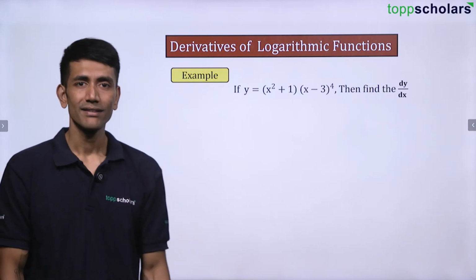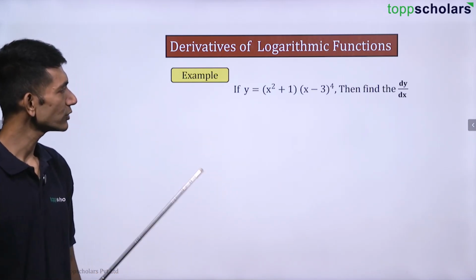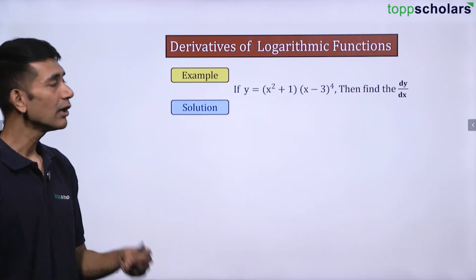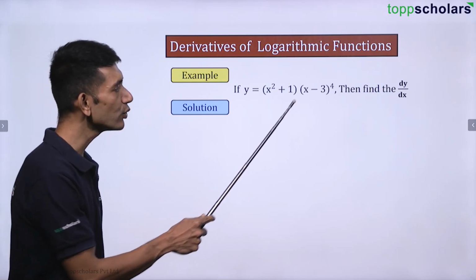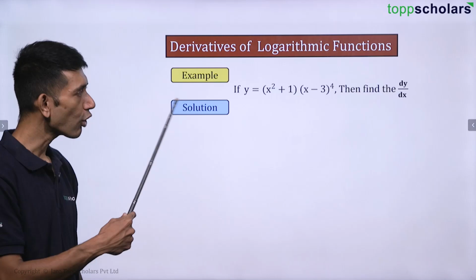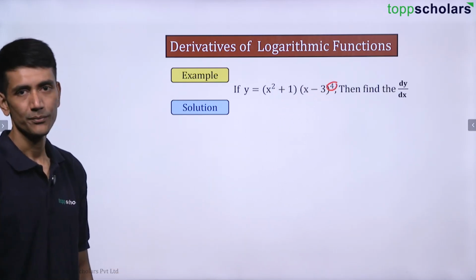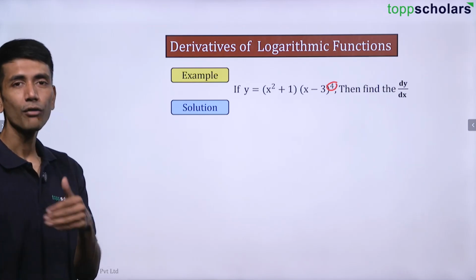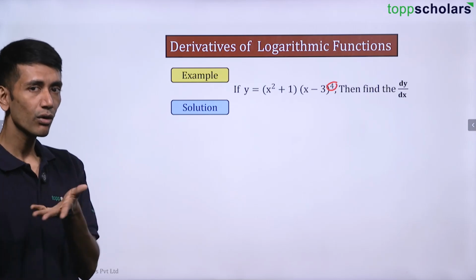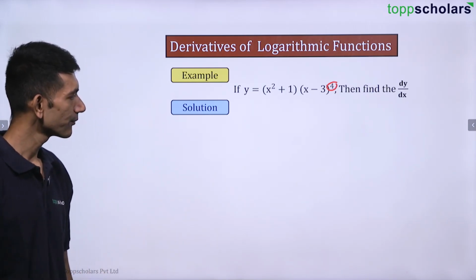Now here we have one more example based on logarithmic functions. So whenever you have questions based on logarithmic functions, what you need to do is take the log on both the sides, because applying the UV rule over here becomes very tedious, right? So you'll take log on both the sides so that this exponent comes down, because we know that log of a raised to x is x log a, log of a raised to 4 is 4 log a, log of a raised to 10 is 10 log a, and so on.